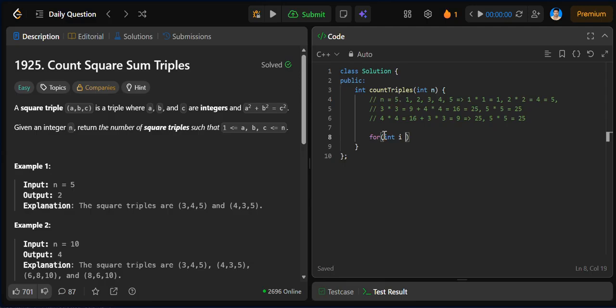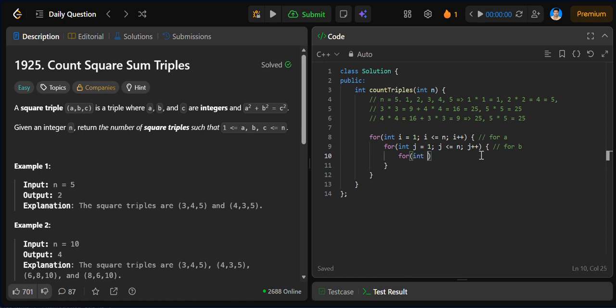So we traverse the whole range. Int i is equal to 1, starting from 1, not from 0, and i is less than or equal to n, i plus plus. This is for a. Now int j is equal to 1, j less than or equal to n, and j plus plus, and this is for b, right?